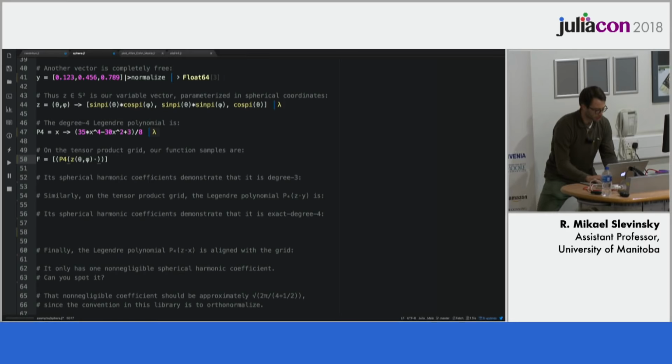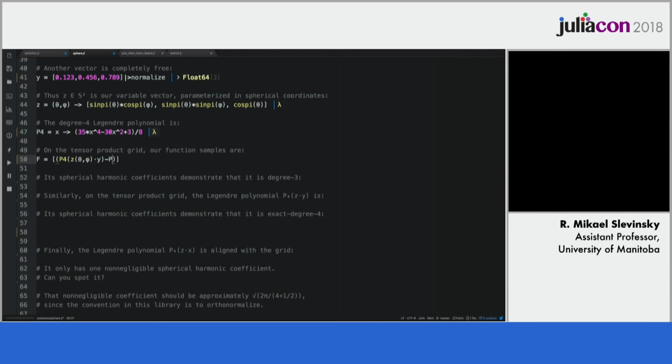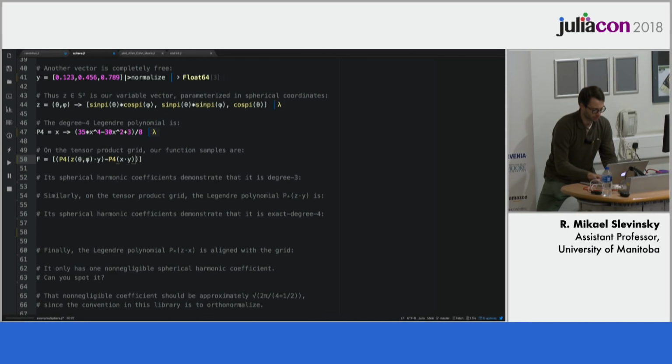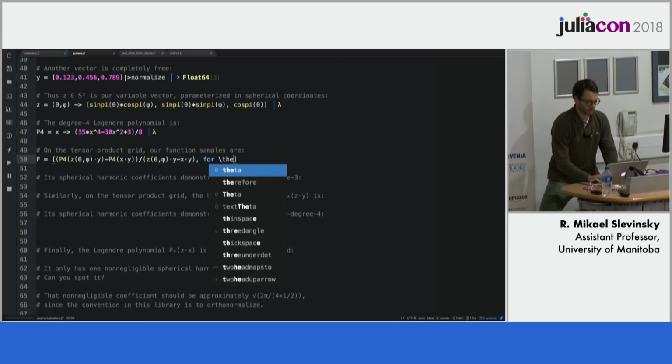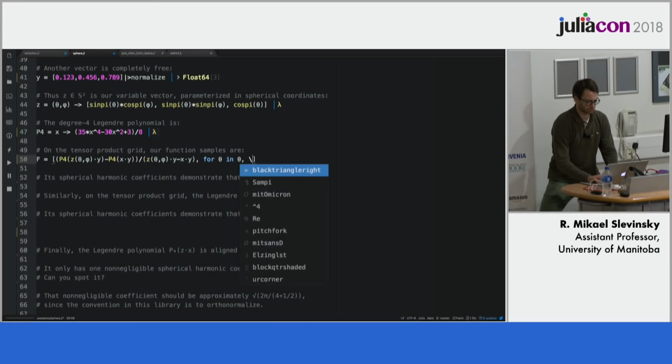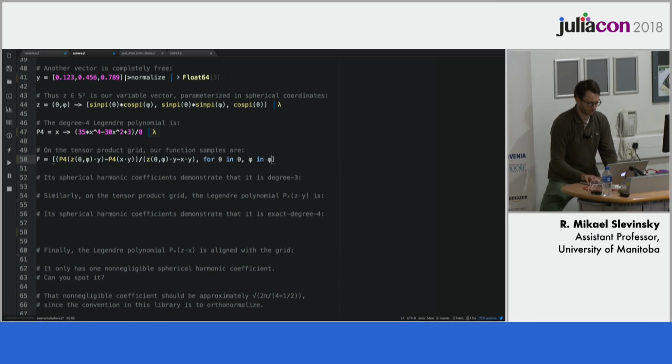So c dot y, okay, minus p4 of x dot y, all this divided by z of theta and phi dot y minus x dot y. Okay, and we'll do this for theta in theta and phi in phi, right?